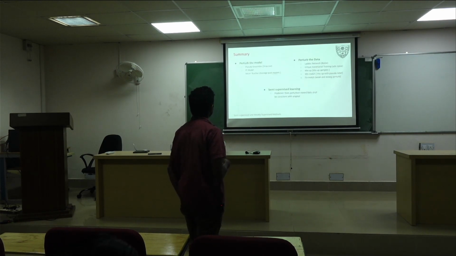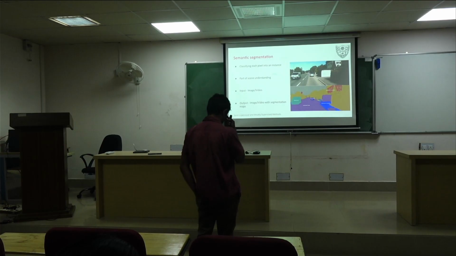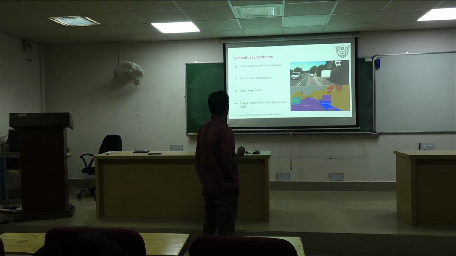Then this is another data set. I think it's called MS Coco. This is a driving data set. They have a few tens of thousands of images, and there is also another similar data set with videos.